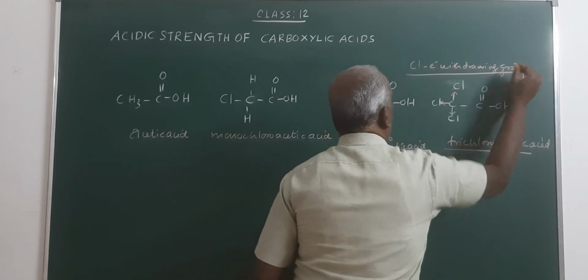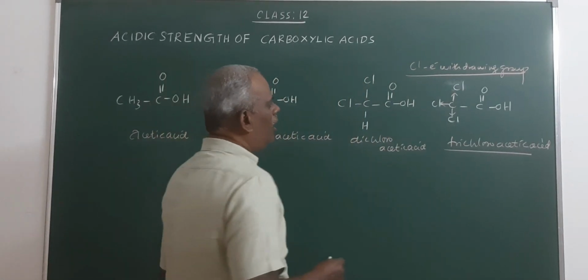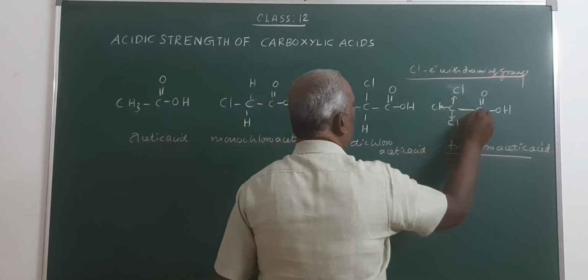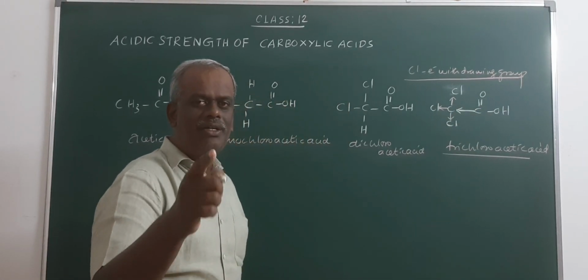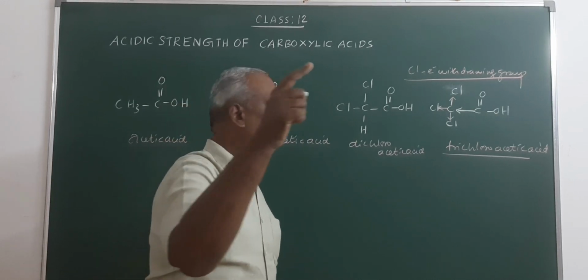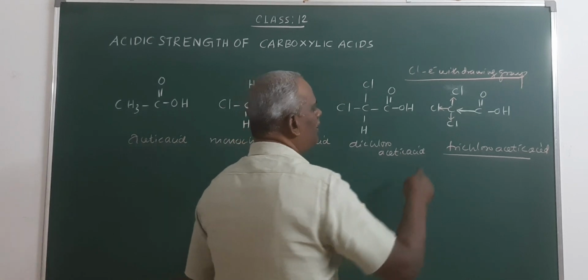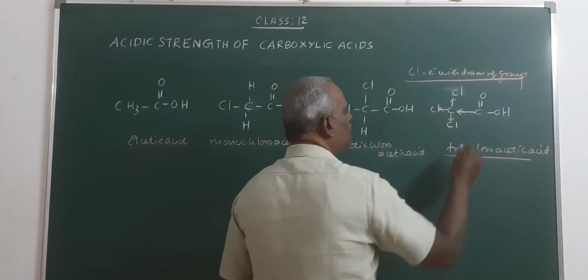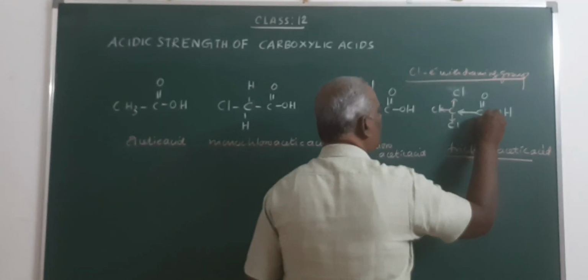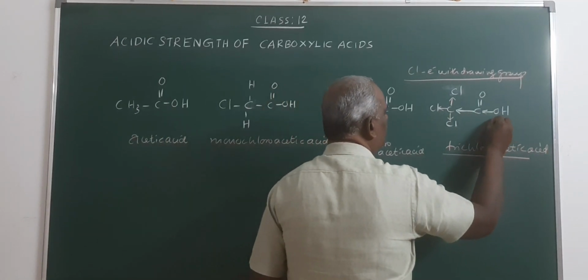So once you find an electron withdrawing group, the carbon will get electron from the nearby carbon, because electron deficiency arises on this particular carbon. So this carbon is trying to get electron from this carbon atom, and this carbon atom is getting electron from the oxygen, and oxygen is trying to get the electron from the hydrogen.